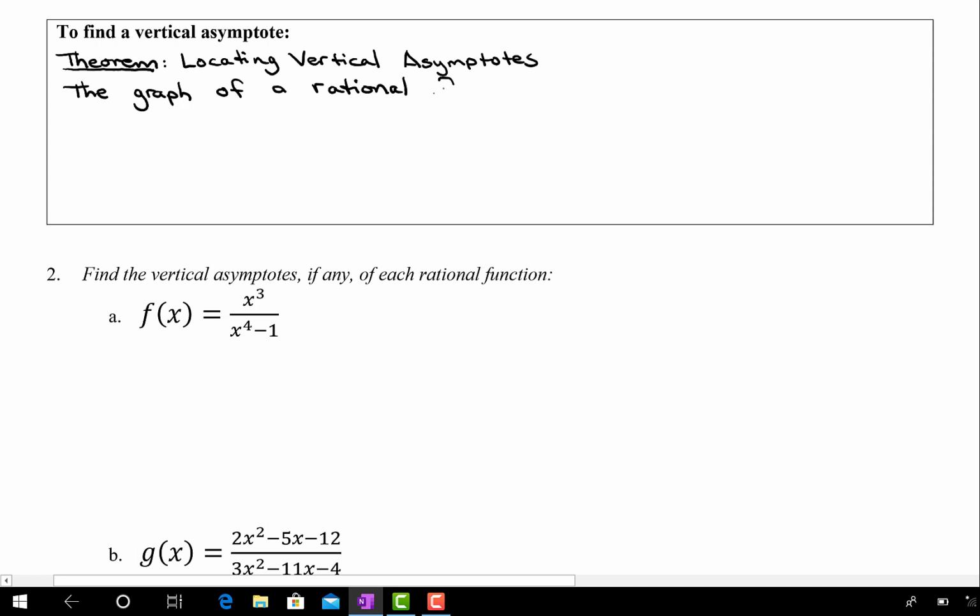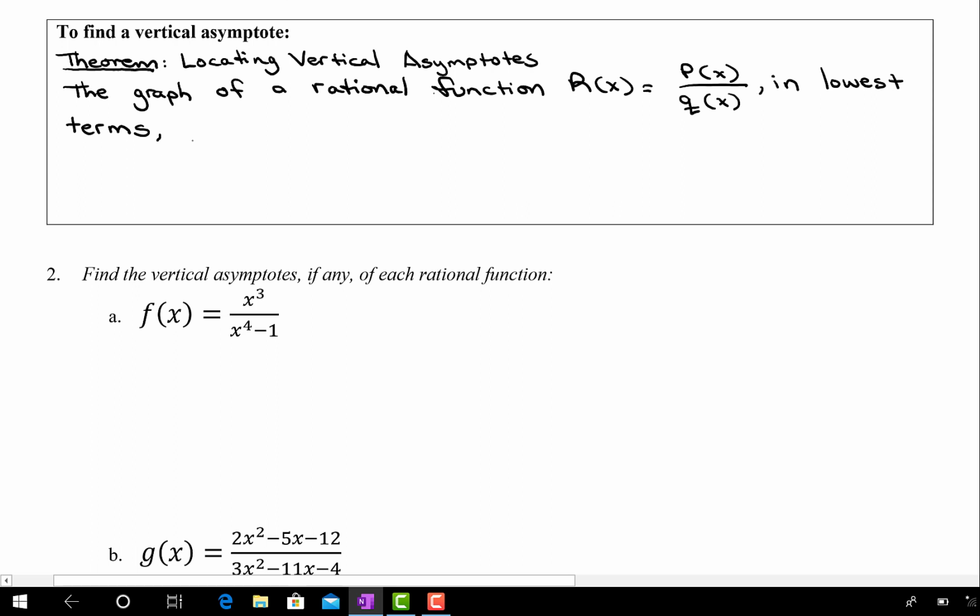So the graph of a rational function r of x equal to p of x divided by q of x in lowest terms, and this is important in order to find vertical asymptotes.